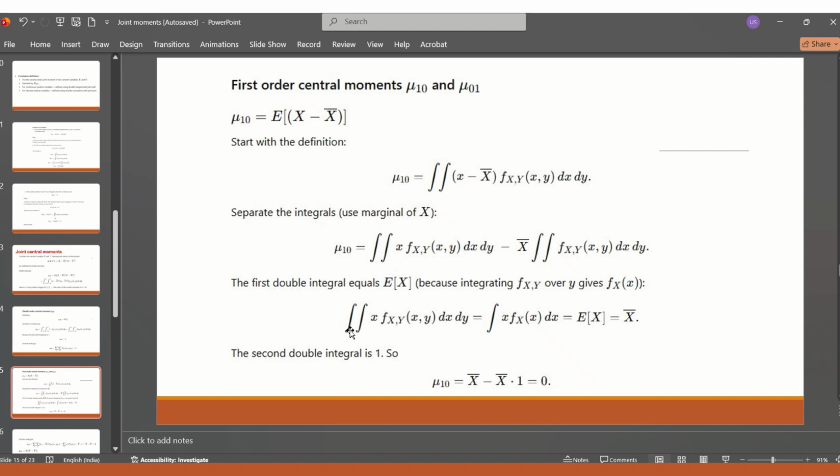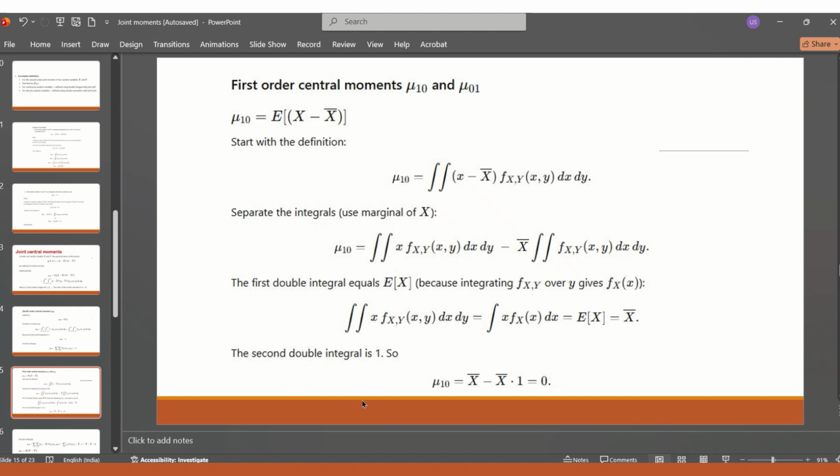the double integral from minus infinity to infinity of x into f x comma y of x comma y dx dy is equal to the integral from minus infinity to infinity of x into f x of x dx, that is equal to the expectation of x, which is known as the mean of x.